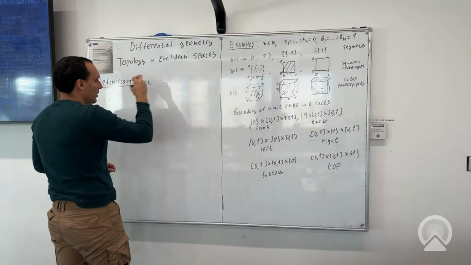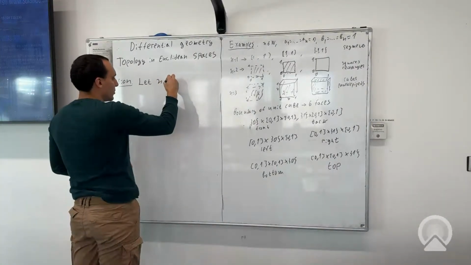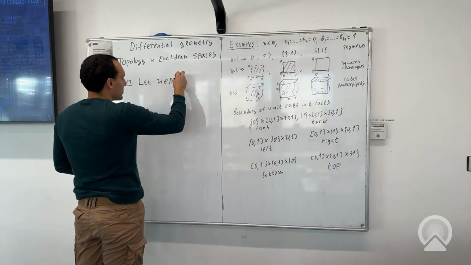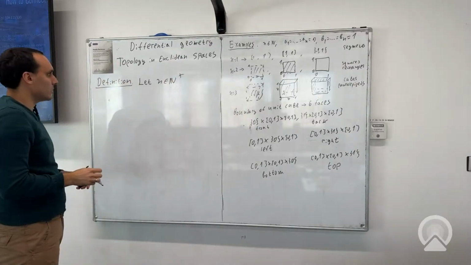So let n be an integer, a positive integer. It doesn't make much sense for n equals 0.